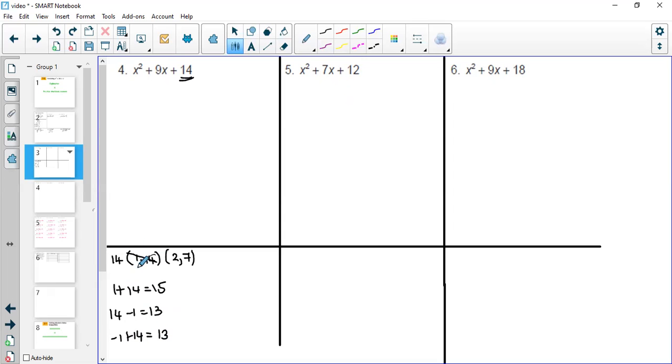So definitely not this and not this. So the only one left is 2 and 7. So if I would add 2 plus 7, is that going to give me a positive 9? Yes, it will. So which means it's going to be x plus 2 and x plus 7. This is the factorization for this.